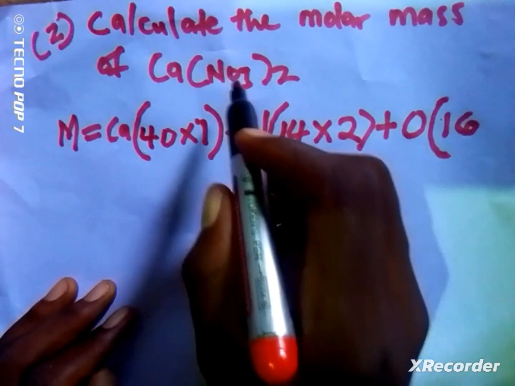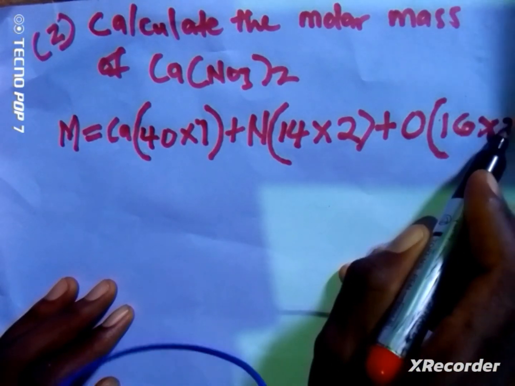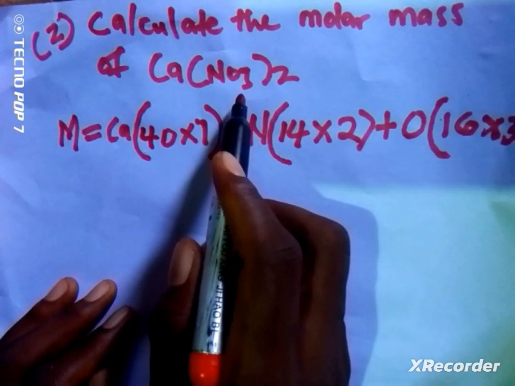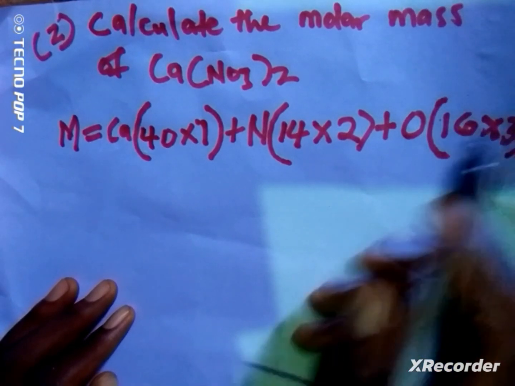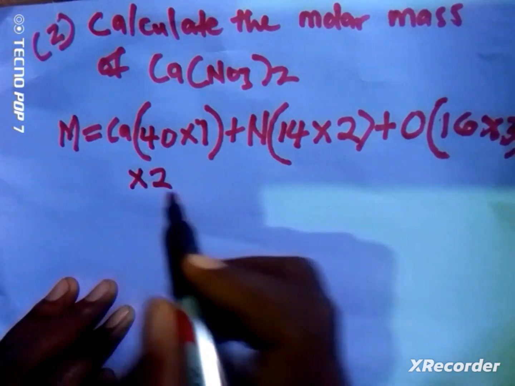It appears 3 times. But remember, we have a 2 that is affecting the oxygen within the parenthesis. So we are still going to multiply that by what? 2. So we're going to come here to the screen, say times 2.